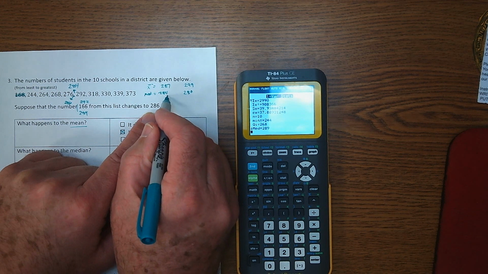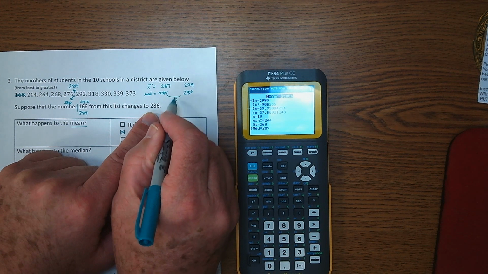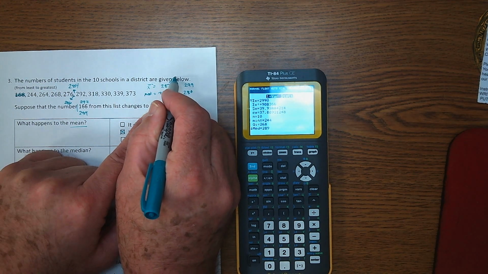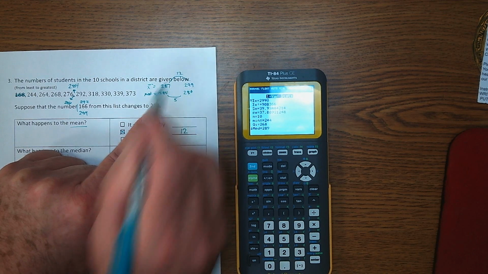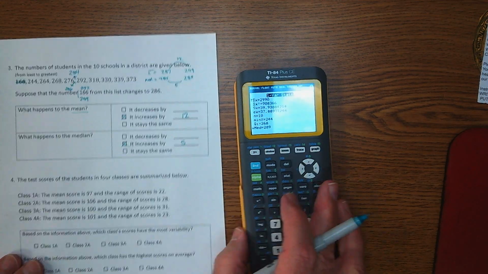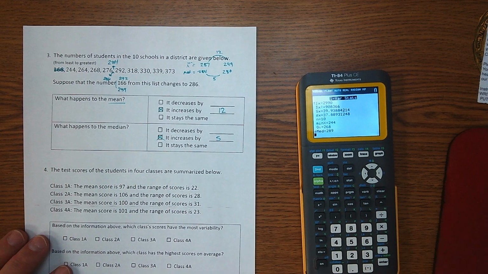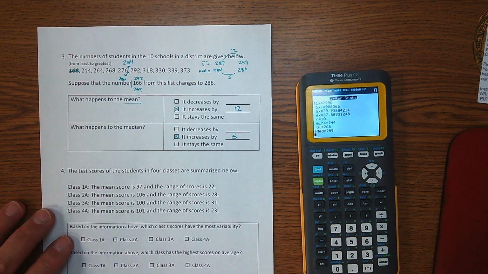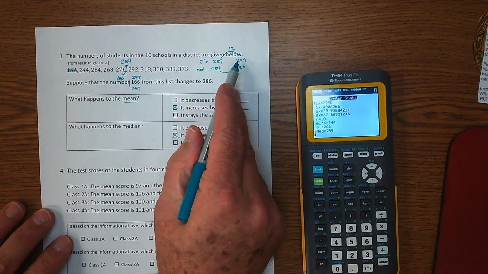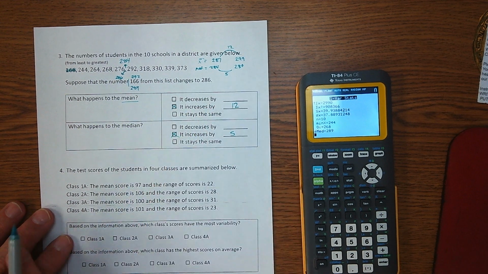So this is a change of 5. This is a change of 12. That's where I get my numbers from. My mean increased by 12, and my median increased by 5.